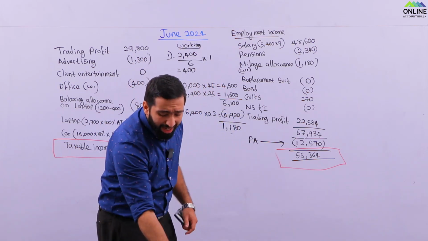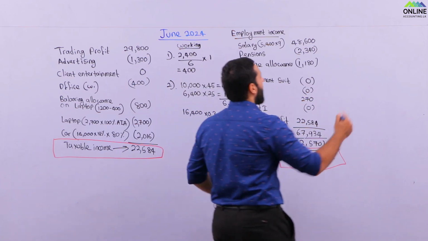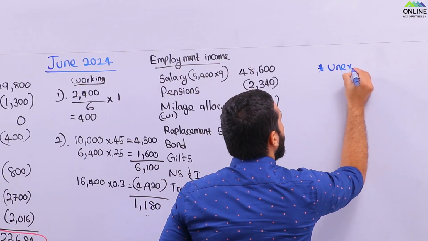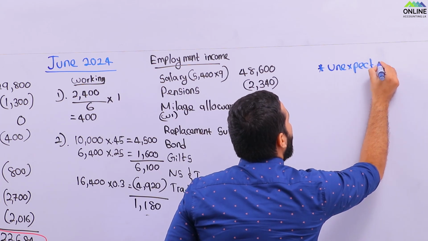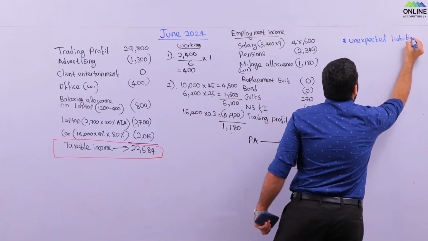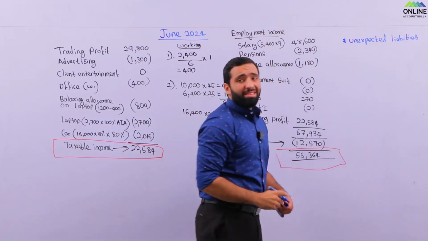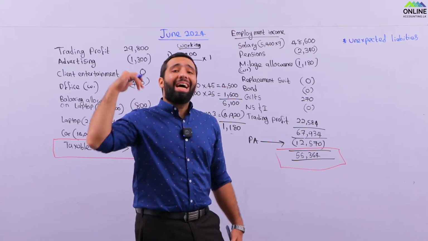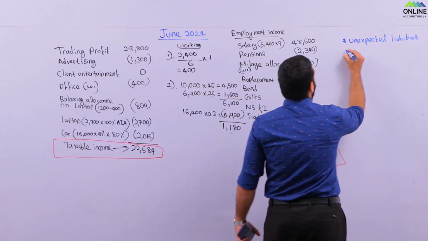Yes, the unexpected liabilities. So there won't be any unexpected liabilities. And then what else? There is another benefit: you don't need to declare them again in your self assessment tax return.